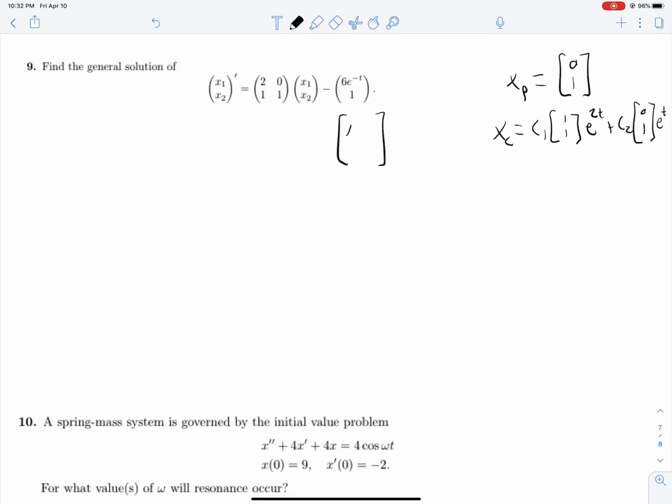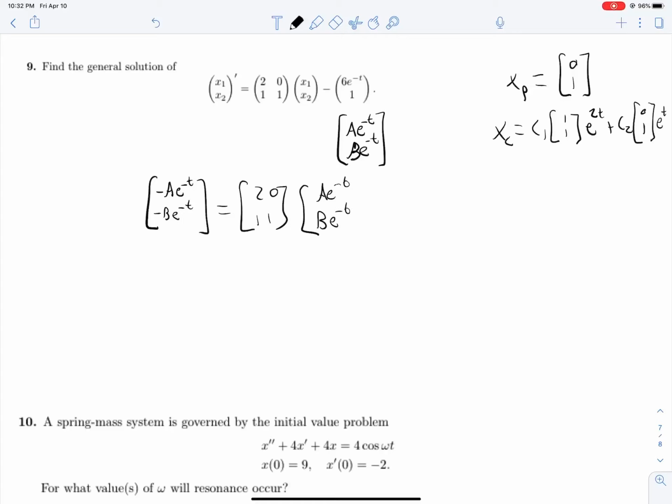Our guess can be a e to the negative t, b e to the negative t. So taking the derivative of that, we are going to have on our left side negative a e to the negative t, minus b e to the negative t is equal to 2, 0, 1, 1, a e to the negative t, b e to the negative t, minus 6 e to the negative t.